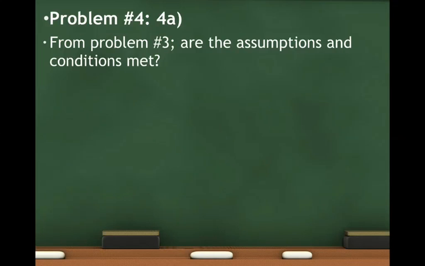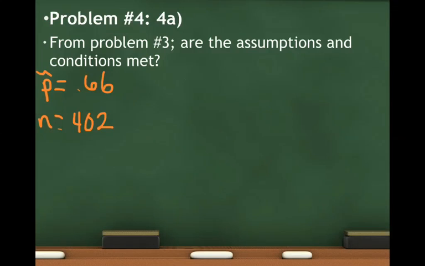We want to make sure they are met. Remember, p hat is equal to 0.66, I believe. Yes. Our sample size was 402. Here we want to make sure everything is met, so that if we wanted to find the confidence interval, we could do so.